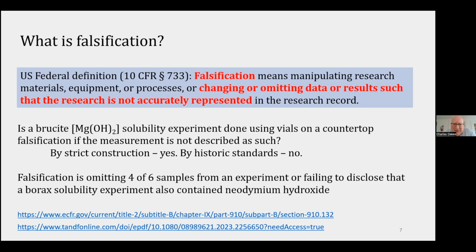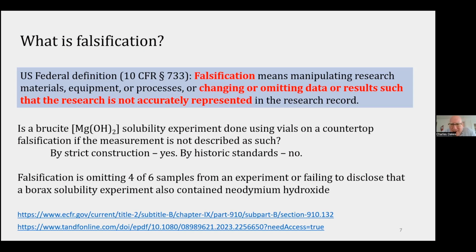Is that falsification? By strict construction of the definition, it would be yes. But by historical standards, I'd say no, because dozens of people have measured brucite solubility on benchtops and not bothered to mention that it was exposed to CO2. And you can back calculate the effect of the CO2. So the federal government isn't going to pursue that particular case.